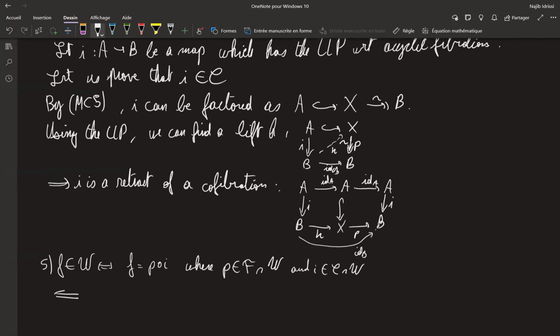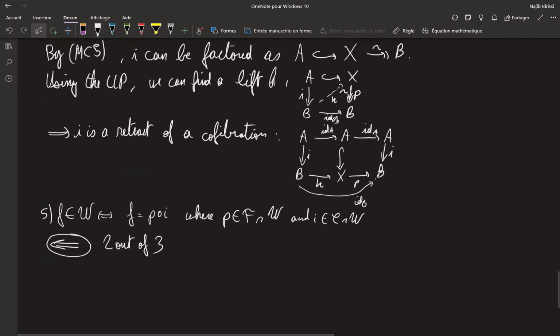So the implication like this is simply 2 out of 3. All right? If you have P, which is an acyclic fibration, in particular, it is a weak equivalence. If I is an acyclic cofibration, it is a weak equivalence. And by 2 out of 3, the composite of 2 weak equivalences is a weak equivalence.